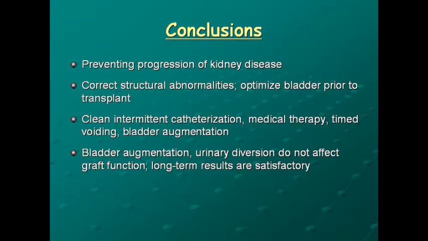I think that's obviously very important, and I'm sure the various modes by which you would optimize the bladder are being discussed here. And if you look at the recent data, it would appear that bladder augmentation and urinary diversion do not affect the long-term graft function, and the long-term graft results are satisfactory if they are done at major centers. Thank you.